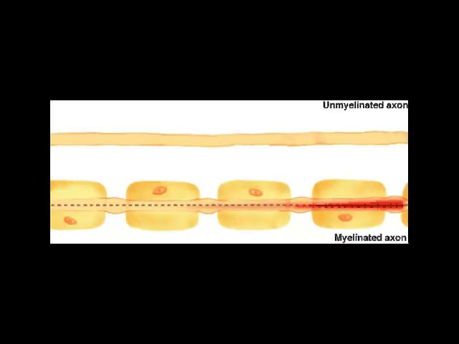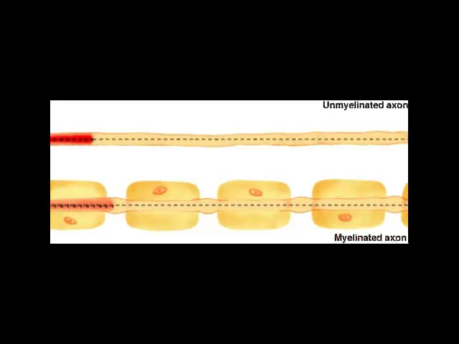In this segment, the conduction in the two types of axons is compared. Due to the passive conduction along the myelinated segments, saltatory conduction in myelinated axons is up to 15 times faster than the conduction in unmyelinated axons.